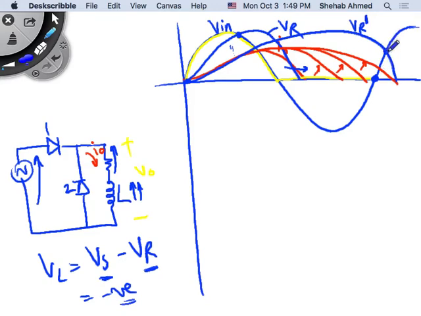At some point, Vs minus Vr are 0, same. And then what's happening here? Vs is greater than Vr, right? Vs becomes greater than Vr. If Vs becomes greater than Vr, I'm going to start pushing current up again. Right? I'm going to apply a positive voltage across it, so push it back up again.